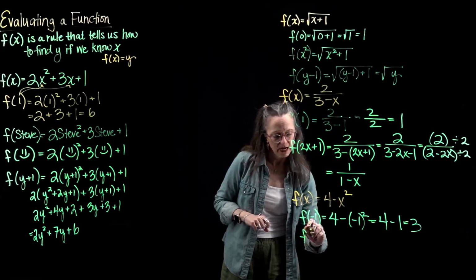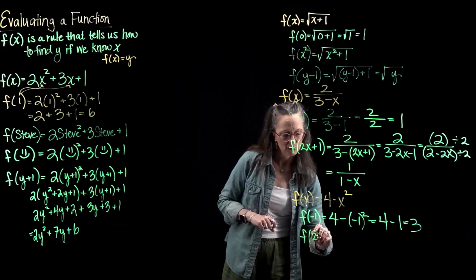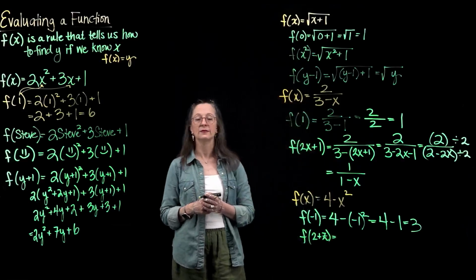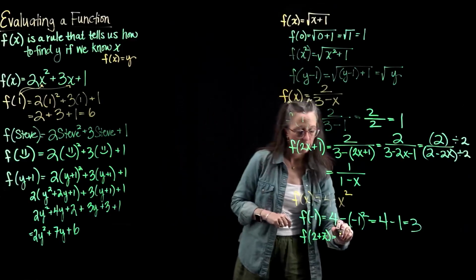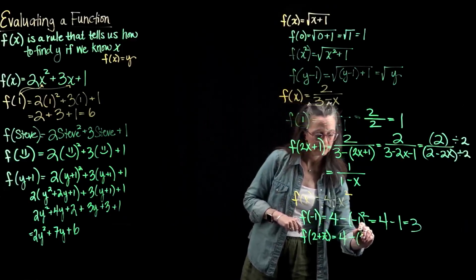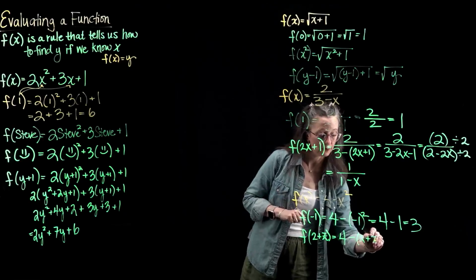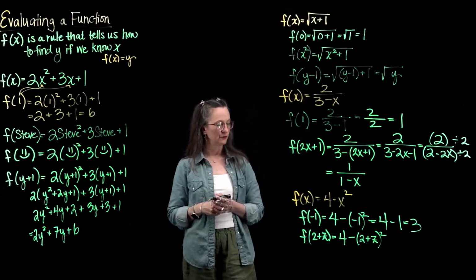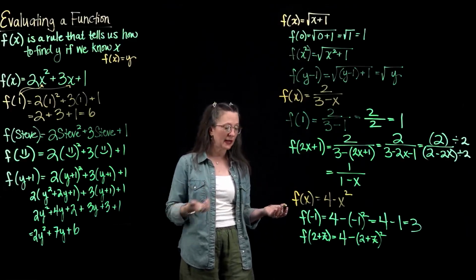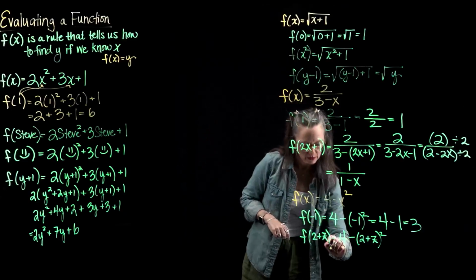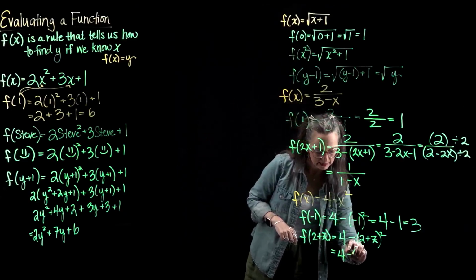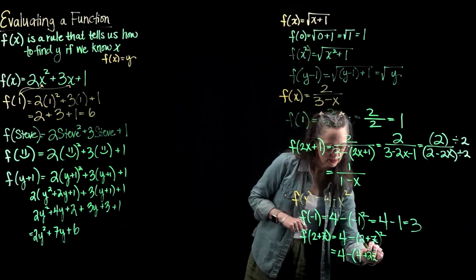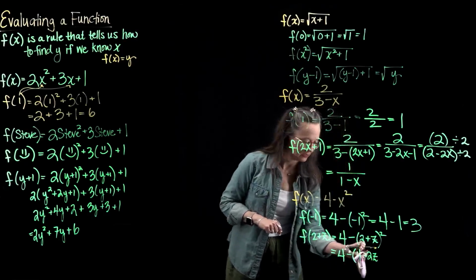One more. What if I asked you for f of 2 plus z? So we would have 4 minus, parentheses, 2 plus z, close parentheses, squared. We would need to multiply out that 2 plus z. So 4 minus, keeping it in parentheses, 4 plus 4z. Sorry, that's a 4z.